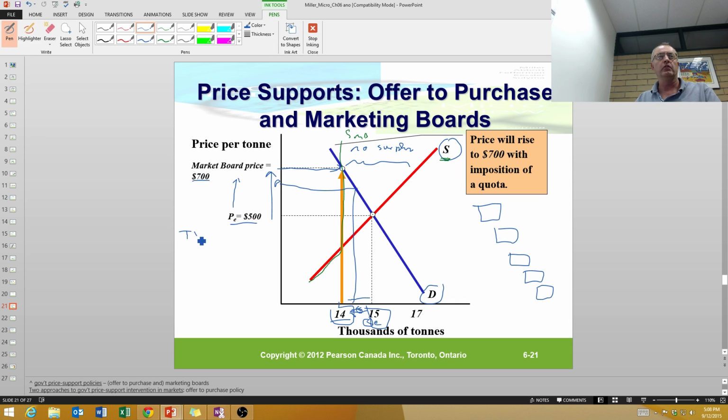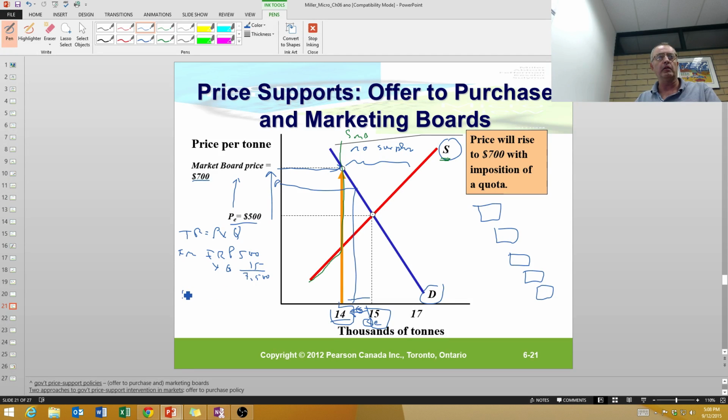Total revenue equals P times Q. So in the free market, we have a price, total revenue equals price of 500 times quantity of 15. I think that's 7.5 million. I was going to do it in thousands.